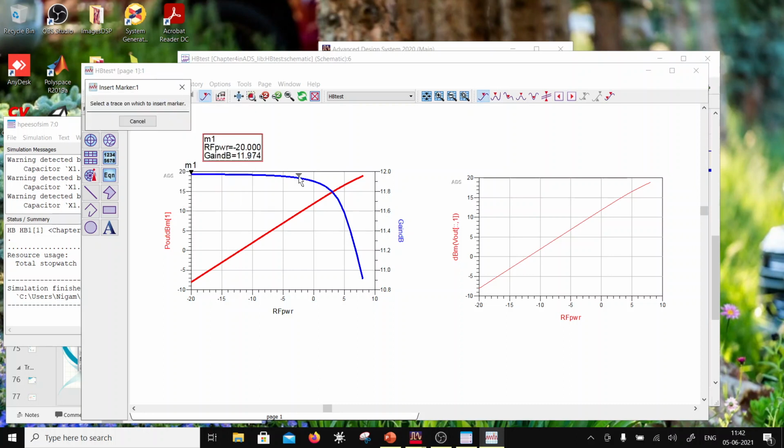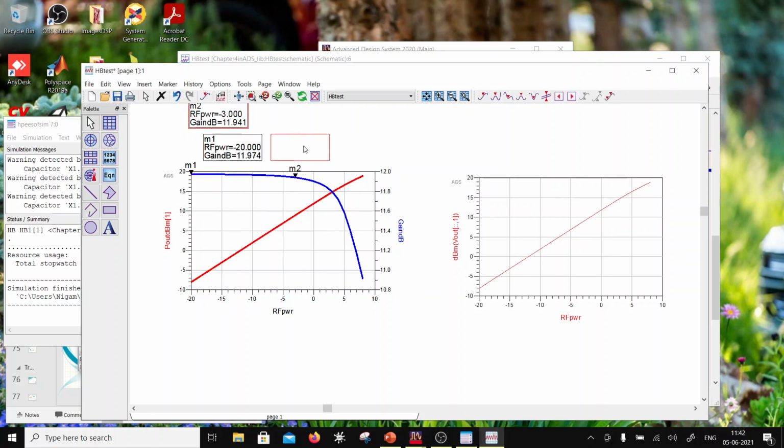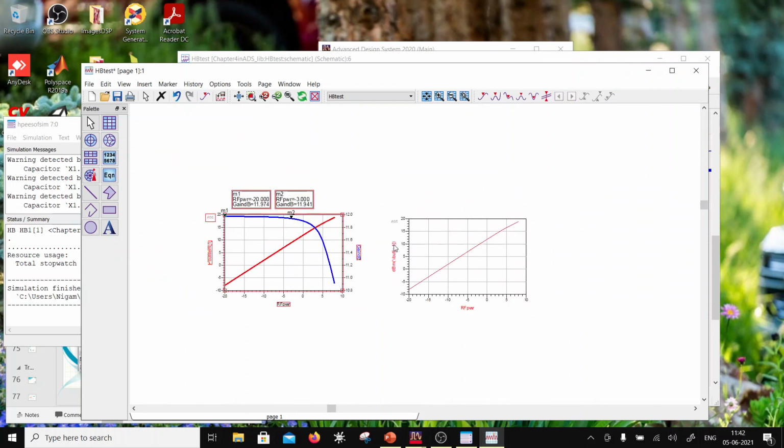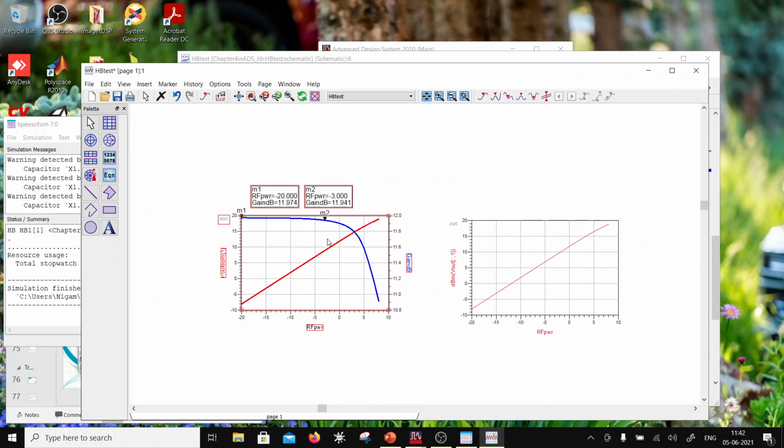So I'll put another marker at 1 dB compression. So I have to go to 10.97, roughly here. So at my input of 8 dBm, I have output of 18 point something, right?